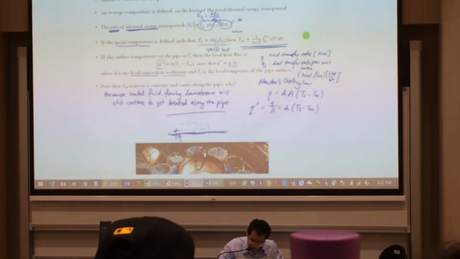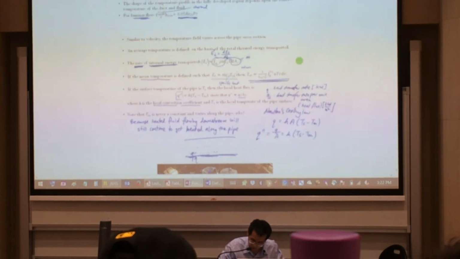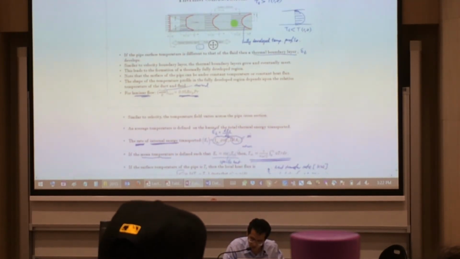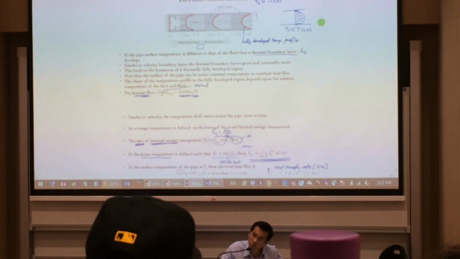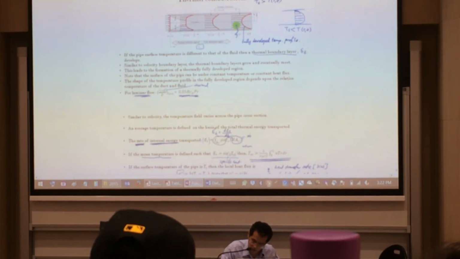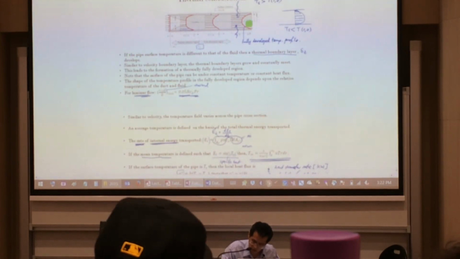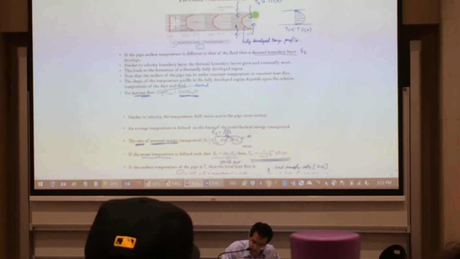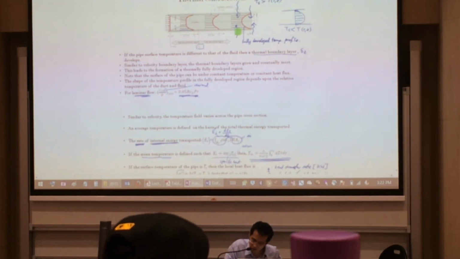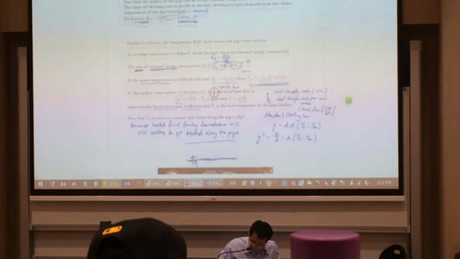So if I bring you back to the slide before, this one over here, you can see that this magnitude actually increases downstream. So the temperature of that will increase because heat is transferring in radially as it moves downstream. That's because that surface is warmer, right? So you get transferred in there.